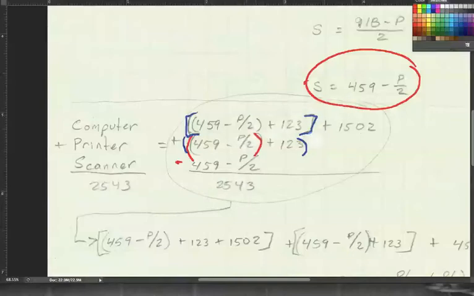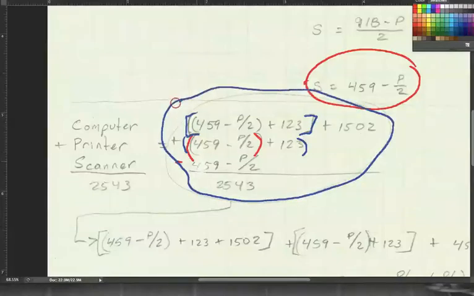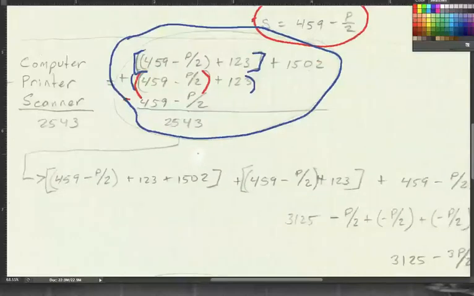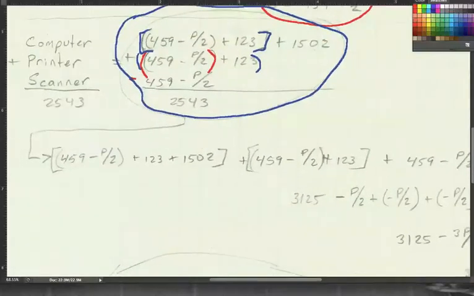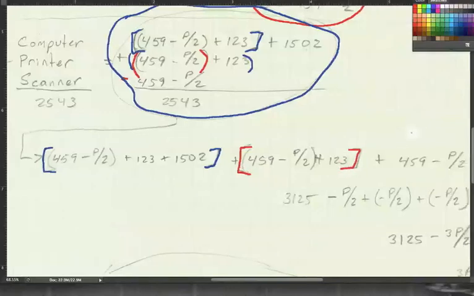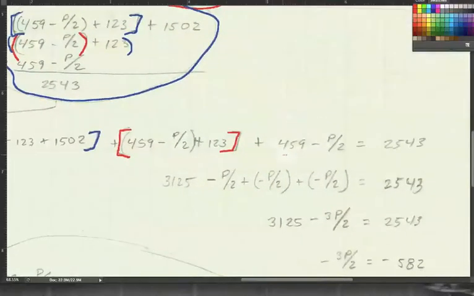So I'm going to do the same thing I did. I take all this information and put it in a linear format. We got the computer, that's this information; the printer, this information; and then the scanner right there. And that's all equaling 2,543.